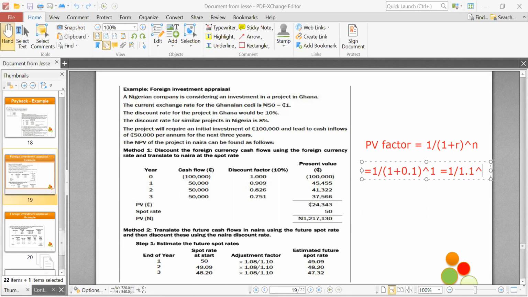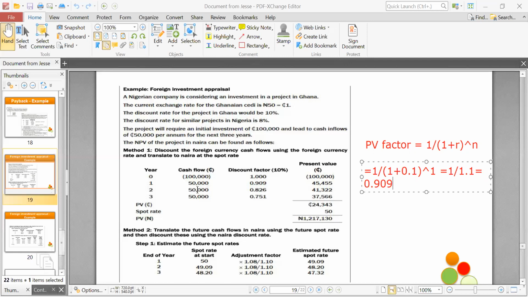So 1 divided by 1.1 will give us 0.909. So that's how you have 0.909 here. Now you multiply 50,000 by 0.909, then you get 45,455.